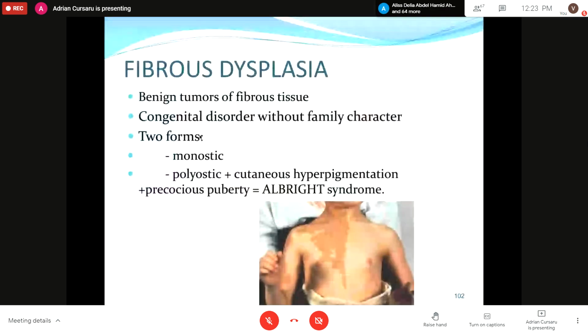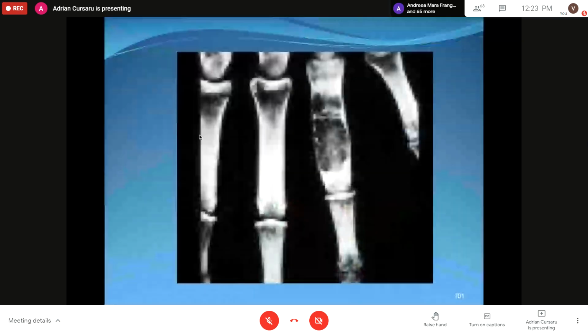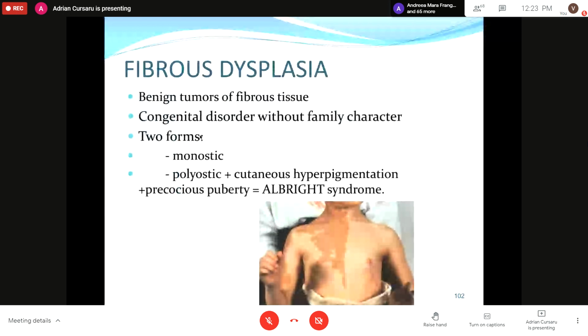Another type of benign tumor is represented by fibrous dysplasia. It is a congenital disorder without family characters. Like enchondroma, it could be monostotic and polyostotic, but in the polyostotic form, cutaneous hyperpigmentation and precocious puberty could appear, and that makes a syndrome.